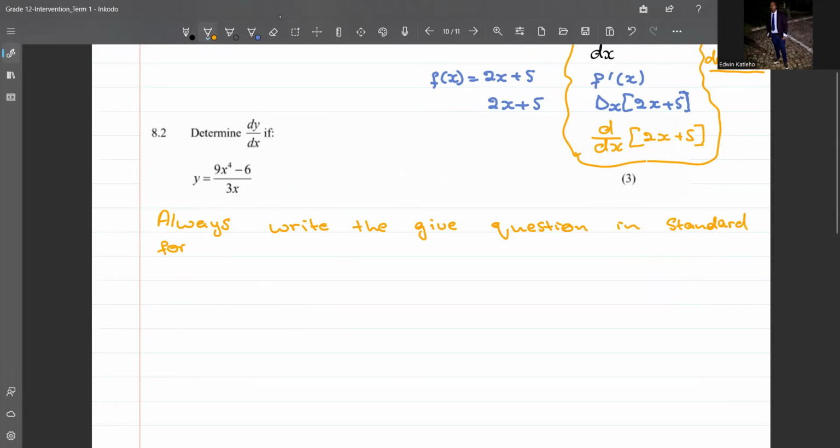So your standard form of any question that's given in this case will look like this. Like, let's take this example that we have, y equals to whatever. So as a fraction, we need to ensure that our standard form of y will be y equals to ax to the n plus bx to the n minus 1 plus cx to the n minus 2, and so on.